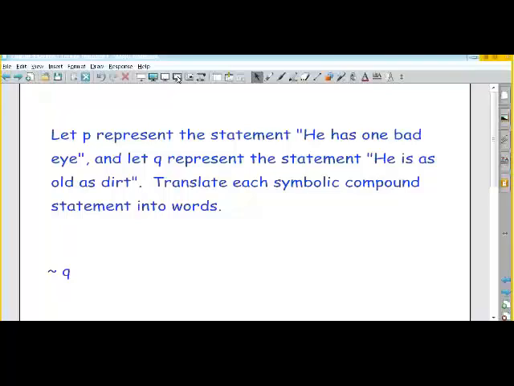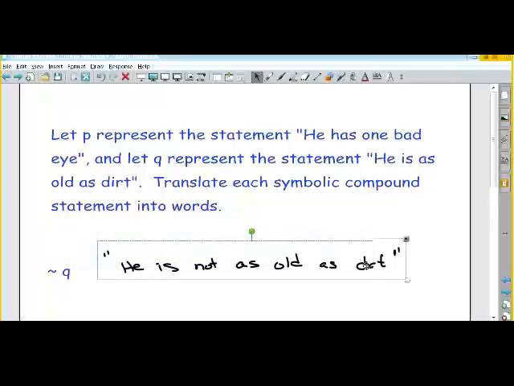So he is as old as dirt, then the negation would be he is not as old as dirt. Or it is not the case that he is old as dirt, but we can use not in this case. Okay, so that's the first one.